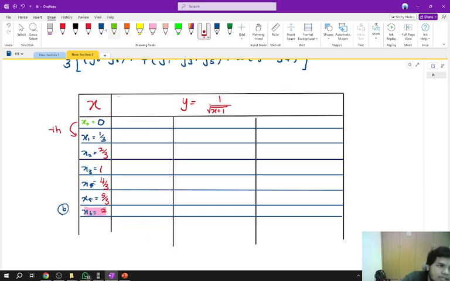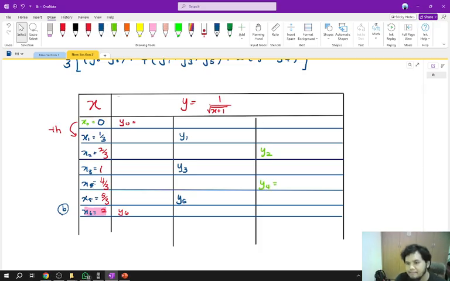In this case, we have y0 and y6. This column of y belongs to the odd numbers, which are y1, y3, and y5. And the last column here belongs to the even numbers of y, y2 and y4. Okay, we are done.